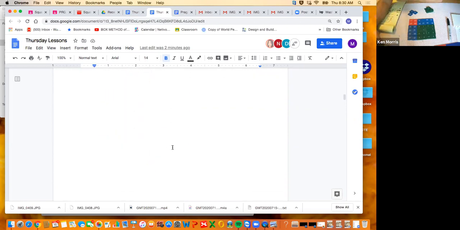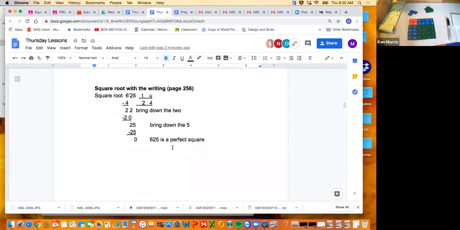Whereas the notation for 625 is much cleaner. So there is an argument for showing this lesson first and then showing the square root of 615, because you see this is much, much cleaner.